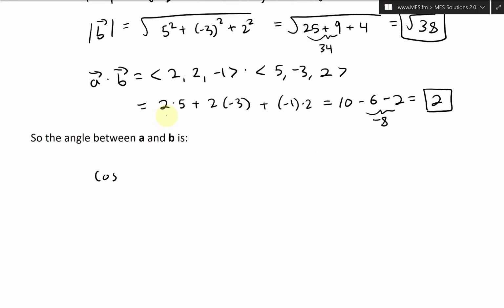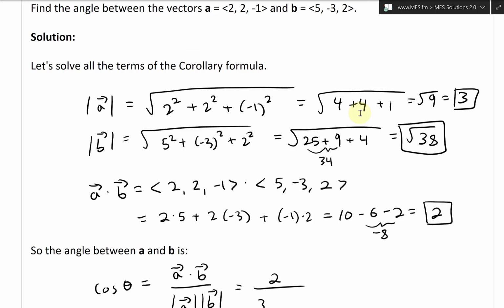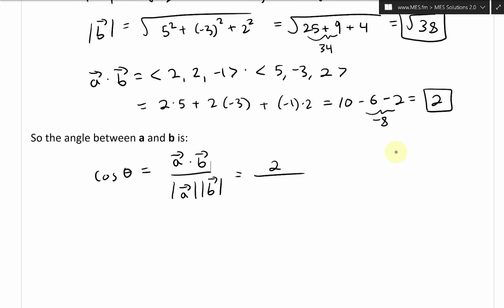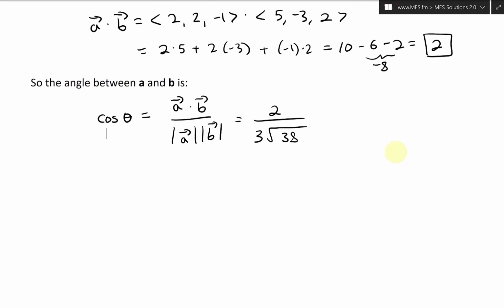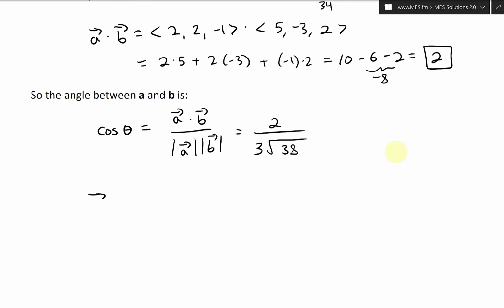So cosine theta equals, let's write this down for completeness, the dot product A dot B divided by length A times length B. Like that, and this equals, well, the dot product is 2, and then divided by 3, which is the length of A, and then square root 13 times 3, then square root 38. Like that. All right, so that's the cosine, and we just take the inverse.